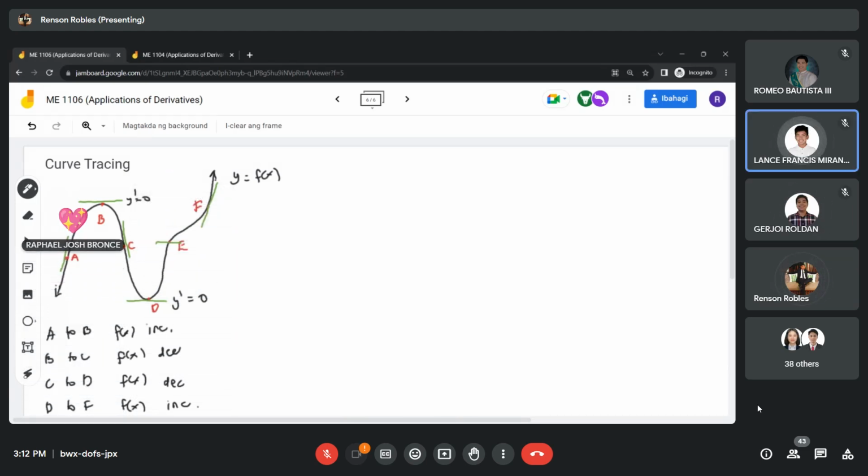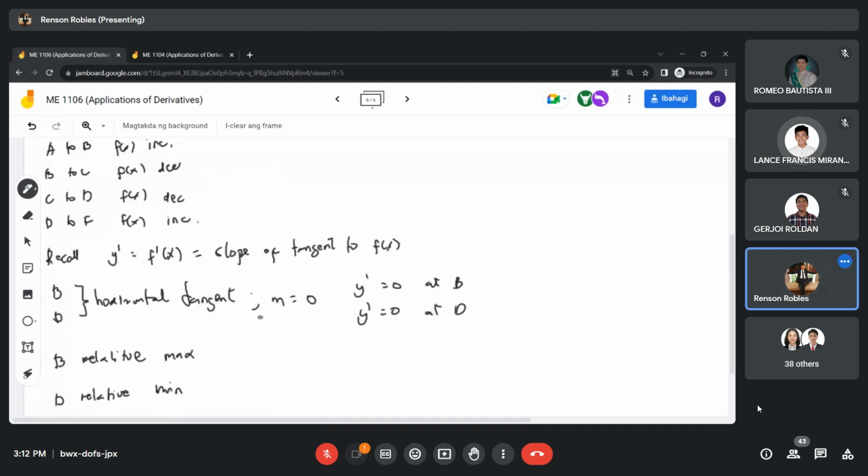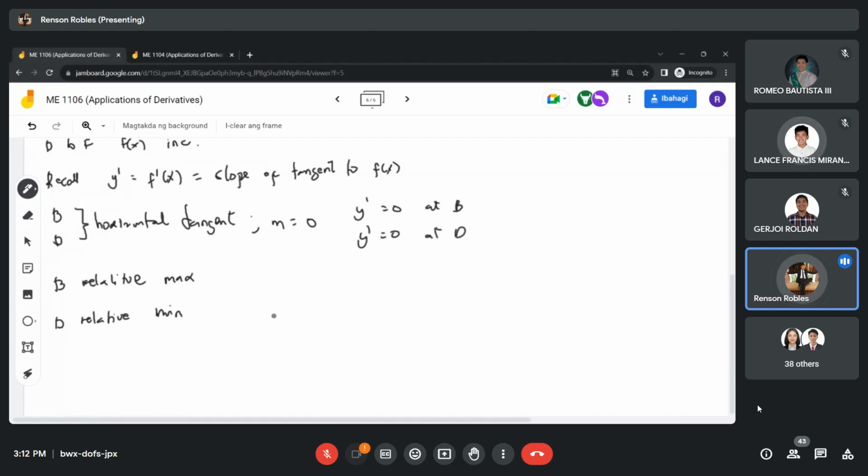Okay. So again, point B is a relative maximum and point D is a relative minimum. So you can easily determine that the function has a relative minimum or relative maximum whenever the derivative of y is 0. So y prime is 0 at this point and also 0 at this point.